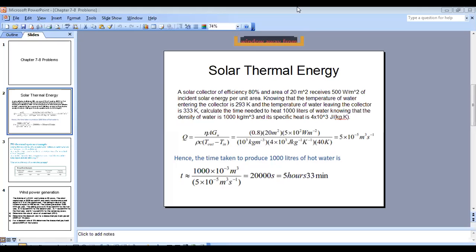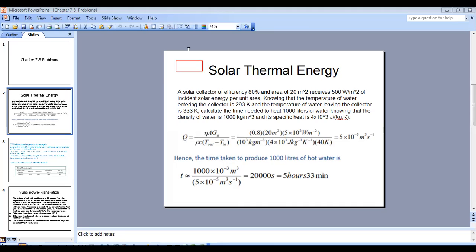So here we have a solar system, and the solar collector has an efficiency of 80%. When we give the efficiency of the solar collector, this means the percentage of energy used from the energy absorbed. So the efficiency is the percentage of useful energy compared to the total energy absorbed.